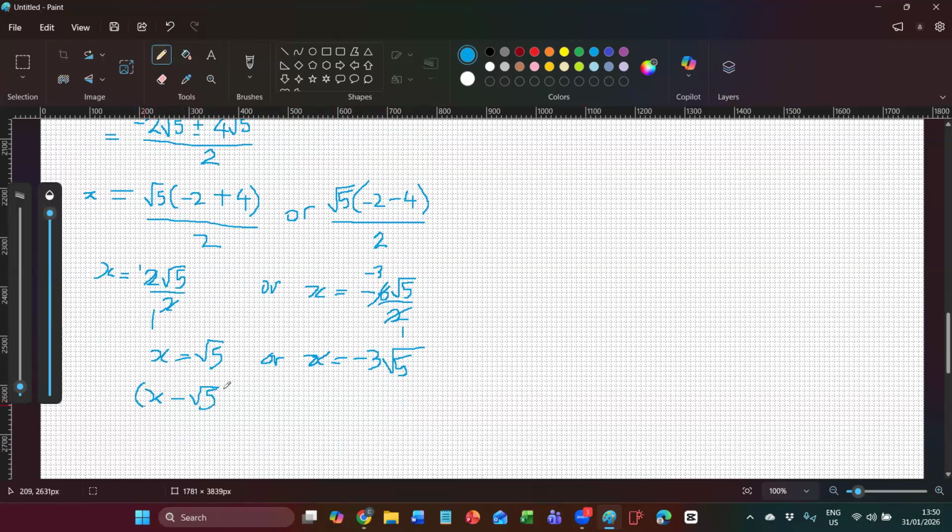So we just put it like that. And then the second bracket: x plus 3 square root of 5.